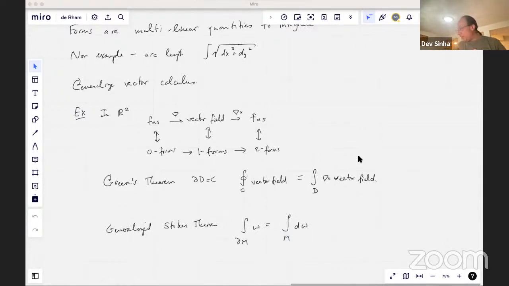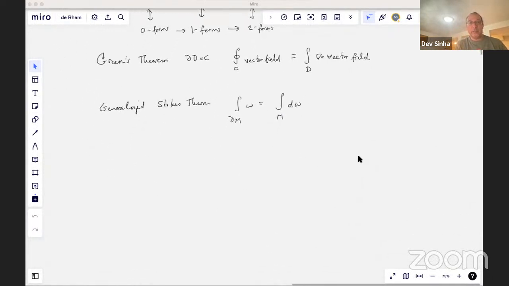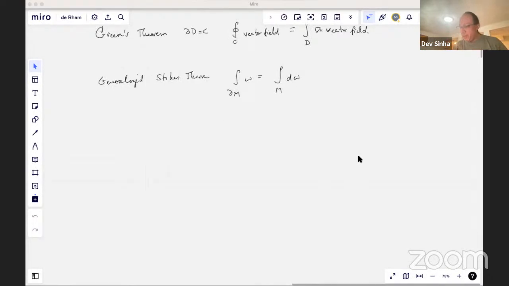And we'll be using that a lot. And what I wanted to give you a sense for is how these ideas are so basic to both the development of fields, especially electromagnetic fields, and topology.